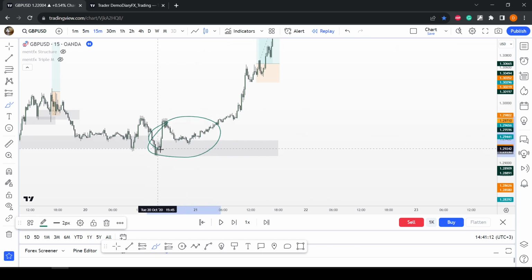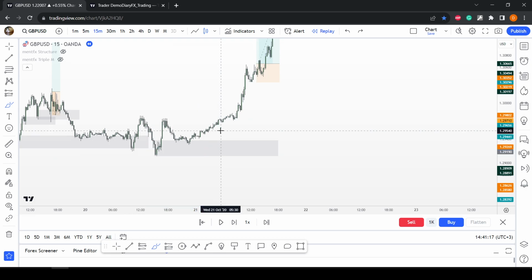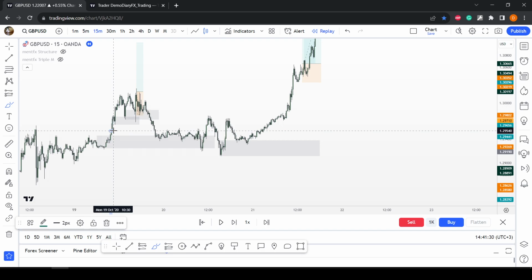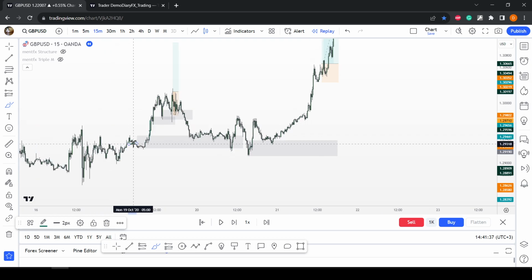But the thing is, the clearness of classical structures and confirmation becomes more clear in hindsight. But the clearness of the break is more real, so to say, in real time, because when you have a break, that actually means that the volume is there and the price is already moving. However, when you are in the zone, you have a price that is still deciding, still filling these orders to either move up or down.